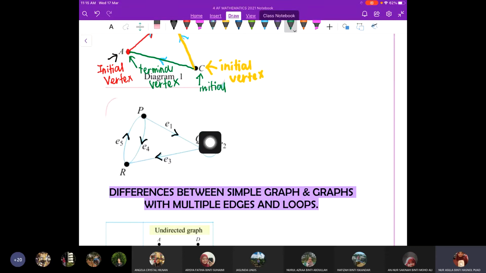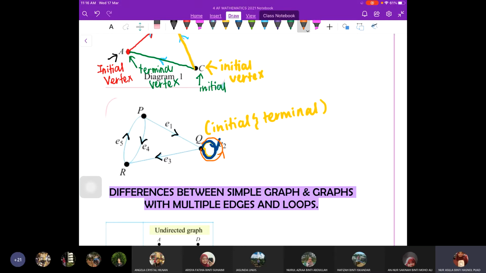Okay, but I want to talk to you about loop. So kalau loop, Q will be both initial and terminal vertex. Okay, dia akan jadi dua-dua. Kerana I've told you before in the video, dia akan pergi both ways, keluar satu and then dia akan masuk sekali lagi satu.